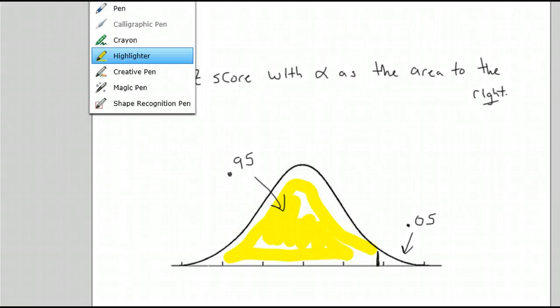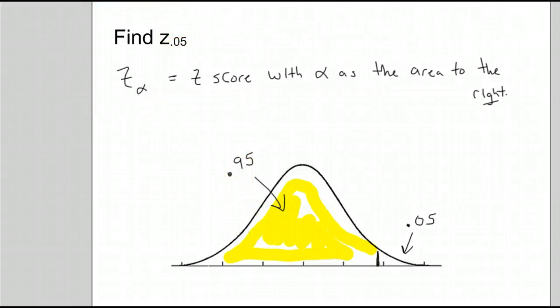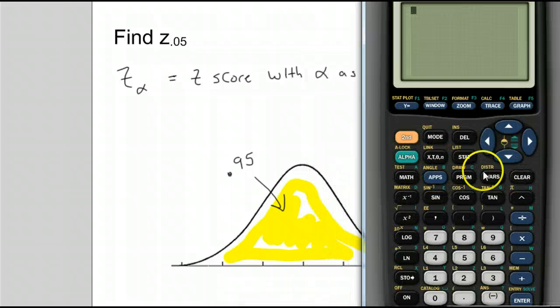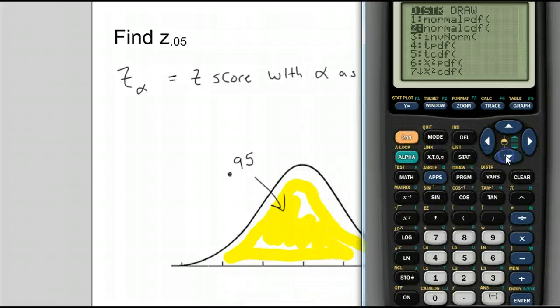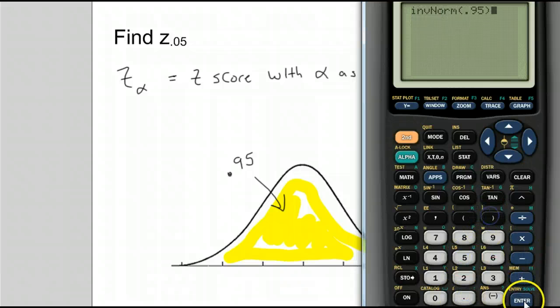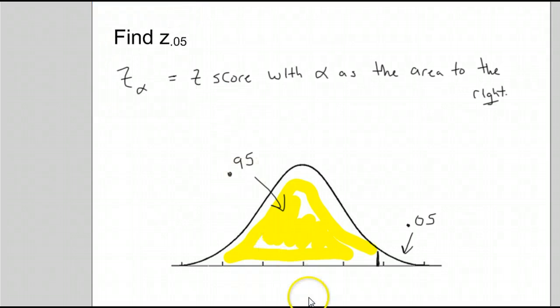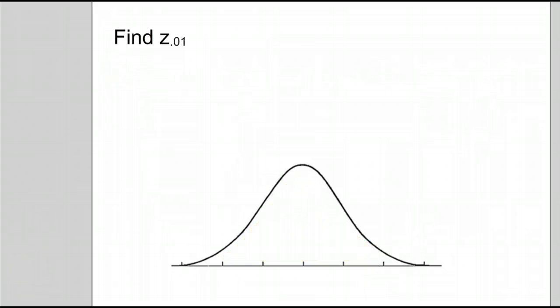Alright, so if I'm needing to find that, then I need to put this 0.95 into the calculator. So inverse norm 0.95, and there is my answer, 1.64, roughly, to 2 decimal places. Alright, and then if I do Z 0.01, then now I'm even further out in the tail.